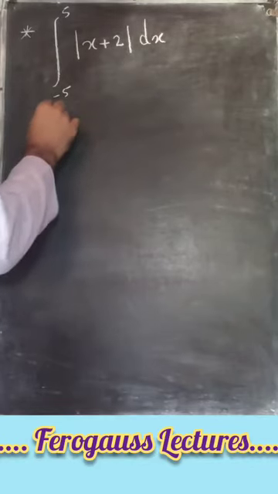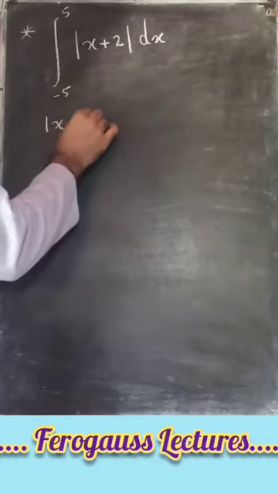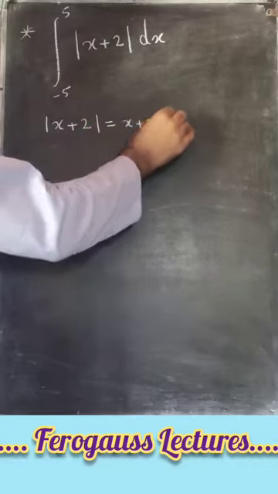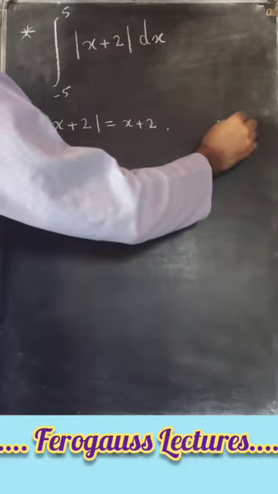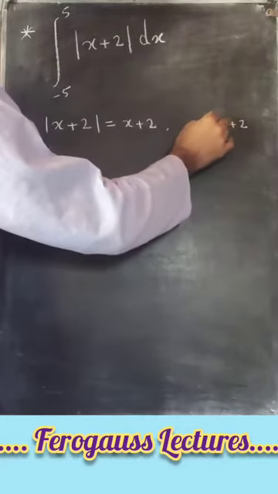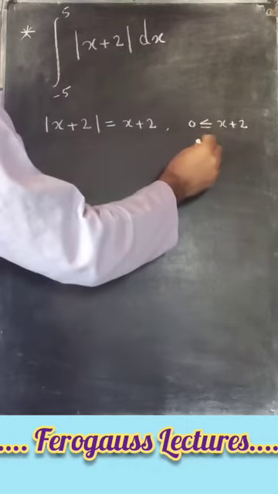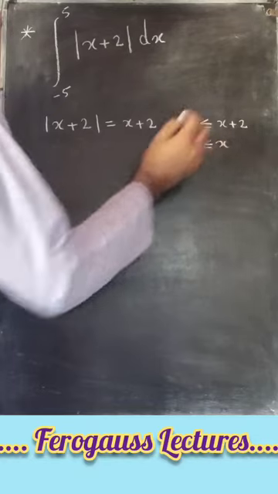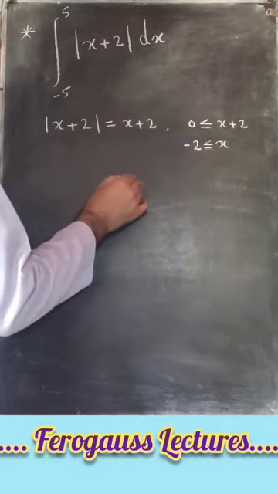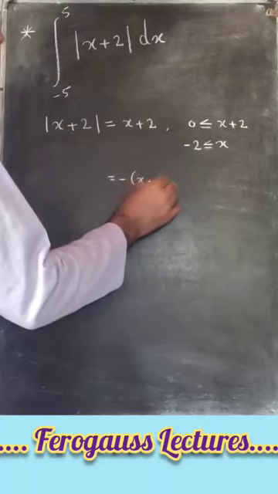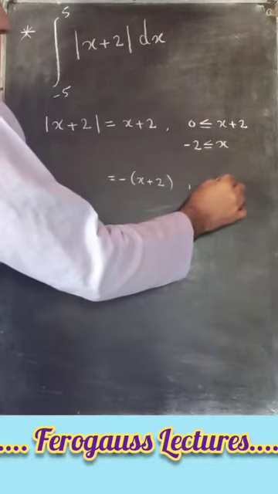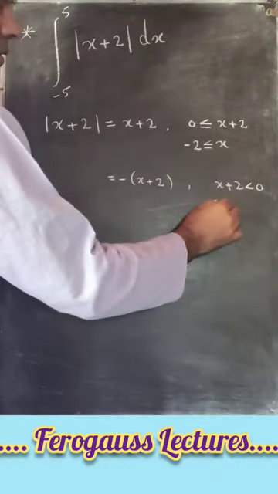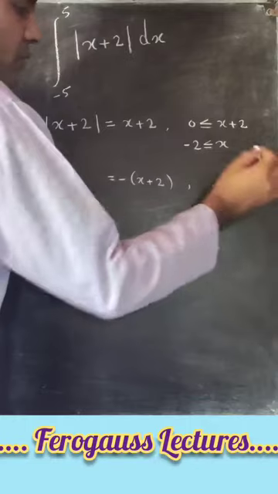We know that mod of x plus 2 is equal to x plus 2 when x plus 2 is greater or equal to 0, or we can say when x is greater or equal to -2, and this is equal to minus times x plus 2 when x plus 2 is less than 0, or when x is less than -2.